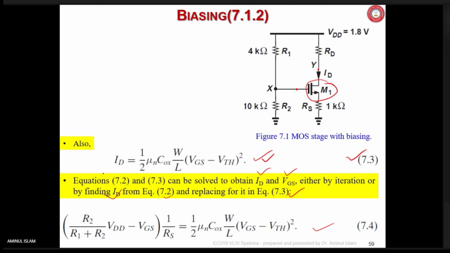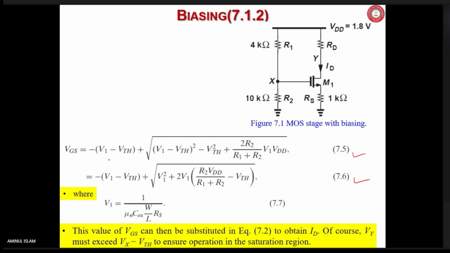Now the previous equation 7.2 and this equation can be solved for ID and VGS, either by iteration or by finding ID from 7.2 and replacing it in 7.3. So we can write this equation, and finally you can obtain the value of VGS in this form, where B1 is this value.